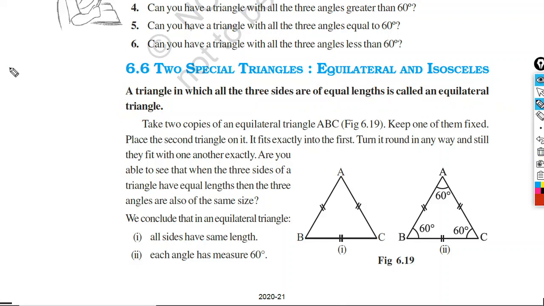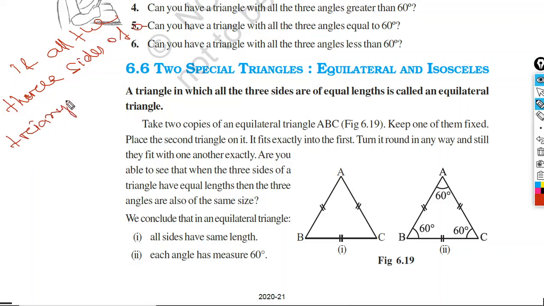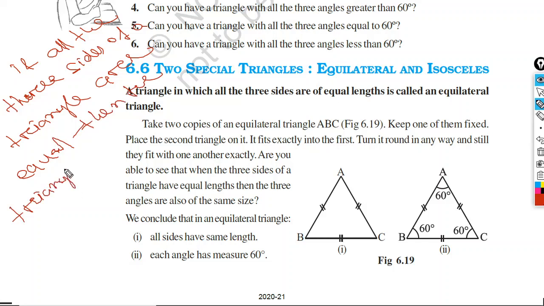Equilateral triangle, if all the three sides of a triangle are equal, then the triangle, write it down, triangle is called equilateral triangle.